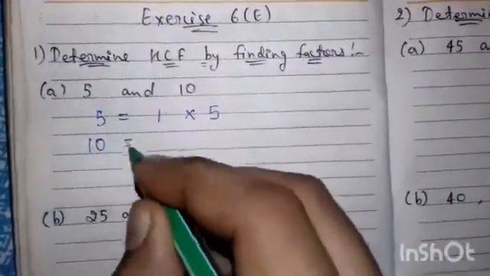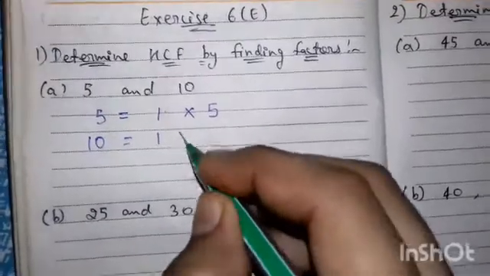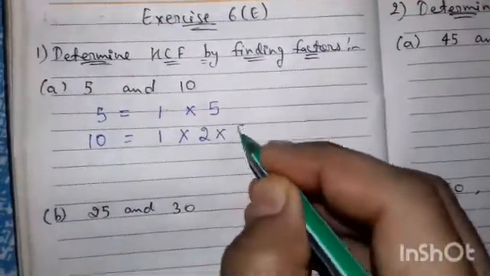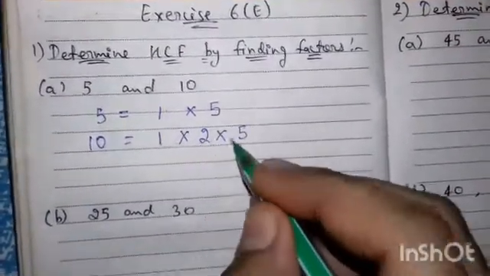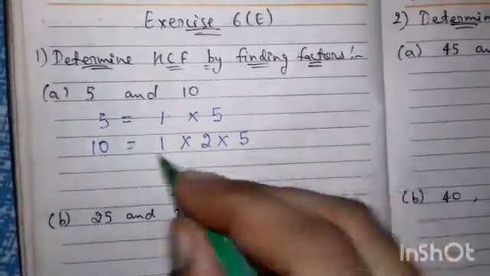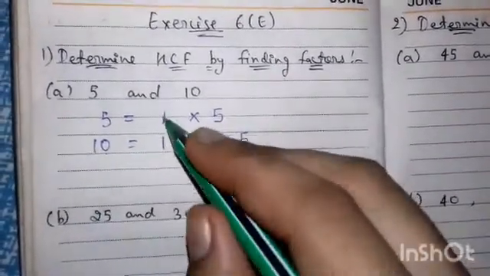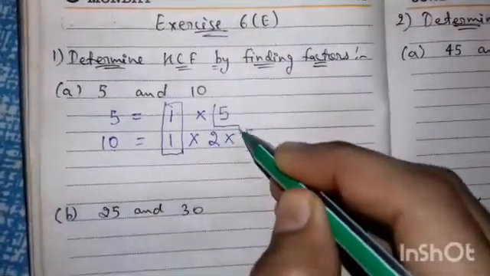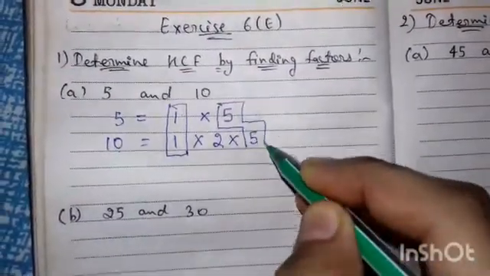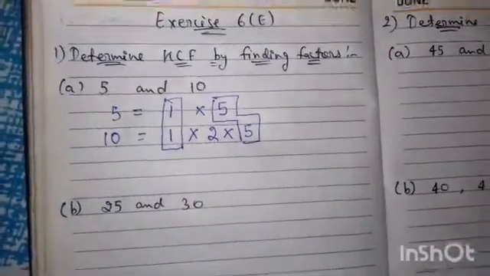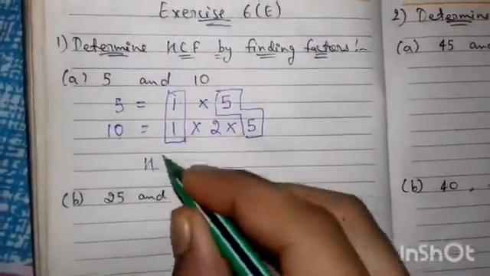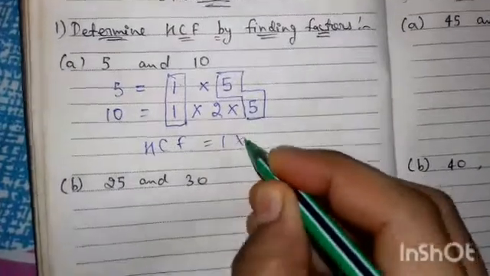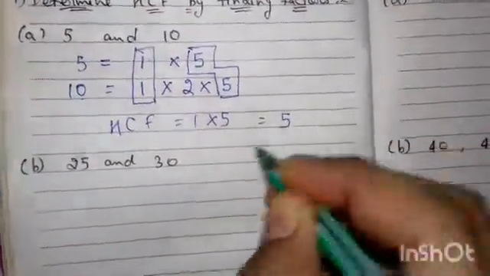Now 10: 1 into 2 into 5 is equal to 10, and these are the factors also. So the common factors are 1 and 5. So the HCF is equal to 1 into 5, which is equal to 5.